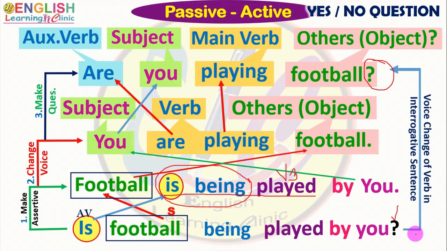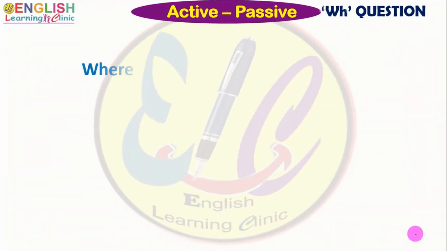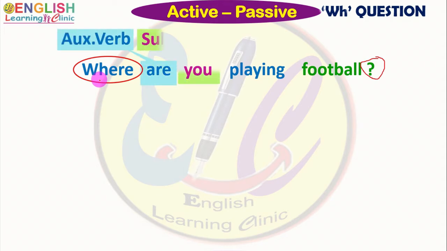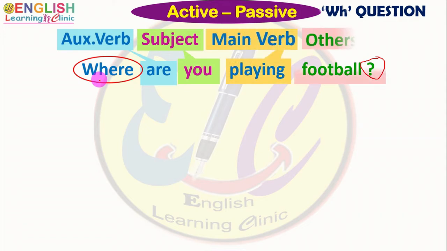Now you will learn how to change the voice of the verb in a WH question. Look at this sentence. This is a question. The note of interrogation clearly shows this. At the beginning of this question, there is the WH word. So, this question is called a WH question. If you put aside this WH word, the structure is first auxiliary verb, next subject, next the main verb, and next the others.